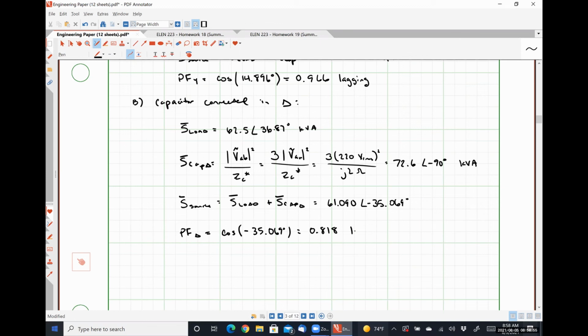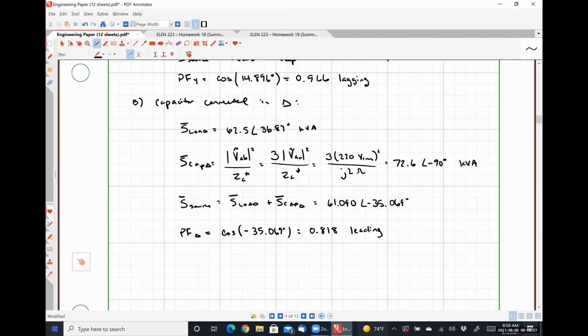0.818 is going to be this time. So in this case, we're considering this kind of a power factor correction kind of thing. Connecting the bank in Y, where we had a fixed impedance, did more, like connecting it in delta would be a huge overcorrection, right?